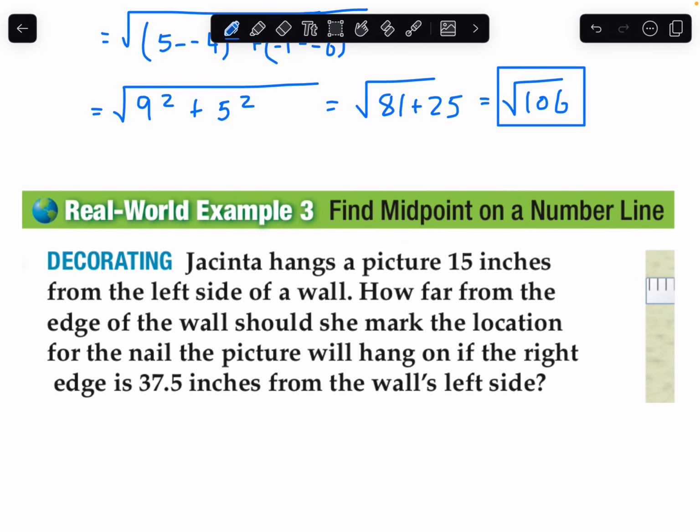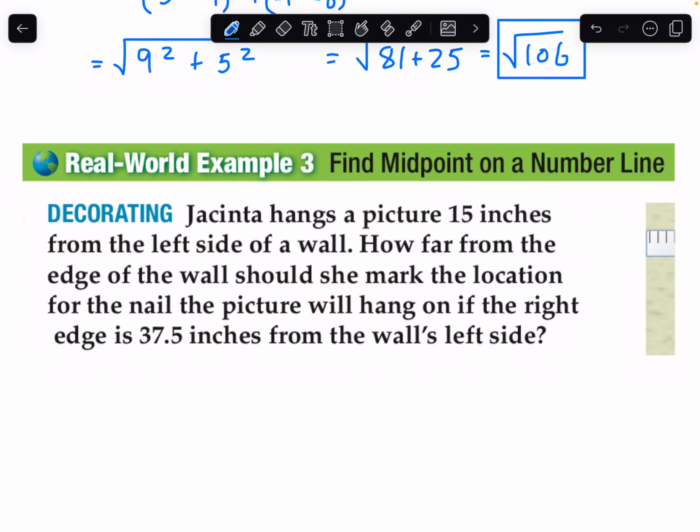Example 3, find midpoint on a number line. Jacinta hangs a picture 15 inches from the left side of a wall. How far from the edge of the wall should she mark the location for the nail the picture will hang on if the right edge is 37.5 inches from the wall's left side?